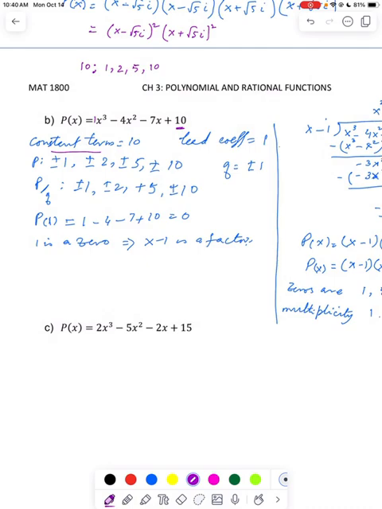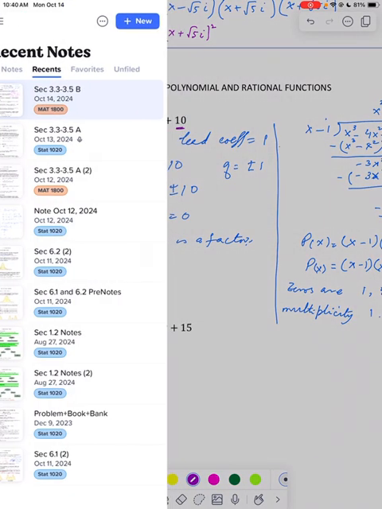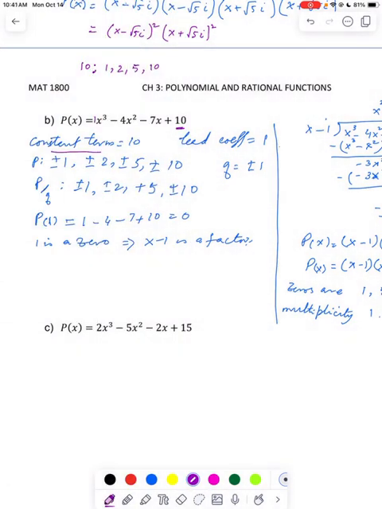So the possible values of P are plus minus 1, plus minus 2, plus minus 5, and plus minus 10. And the factors of Q are only plus minus 1.